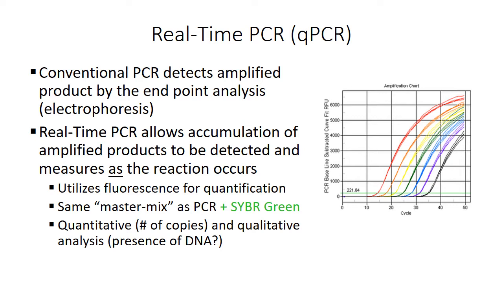So part of what our first slide over here says is that when you utilize real-time PCR, you can go ahead and detect and measure your amplified products as the reaction occurs. And this is based mostly on the fact that you're going to be using a SYBR Green marker in addition to your traditional master mix.